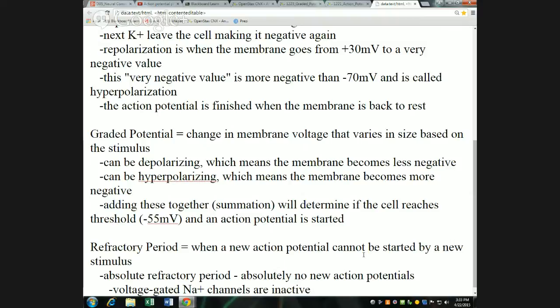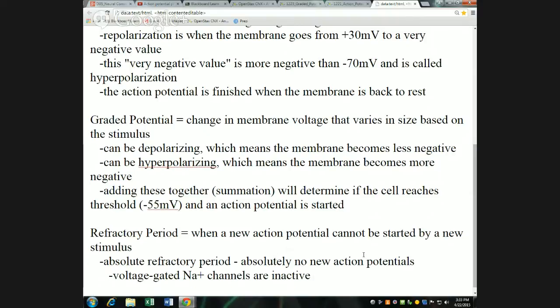Without it, nothing happens. The other aspect of refractory period is called the relative refractory period, which means a stronger stimulus is needed to start a new action potential.